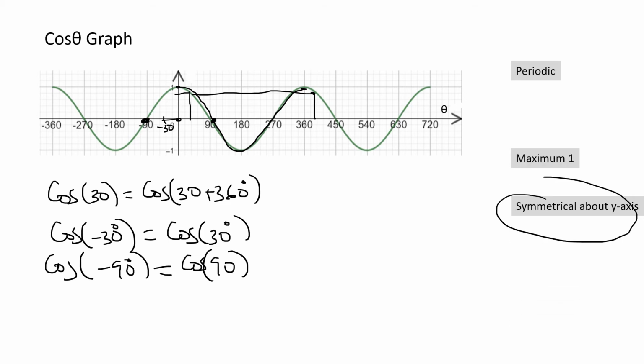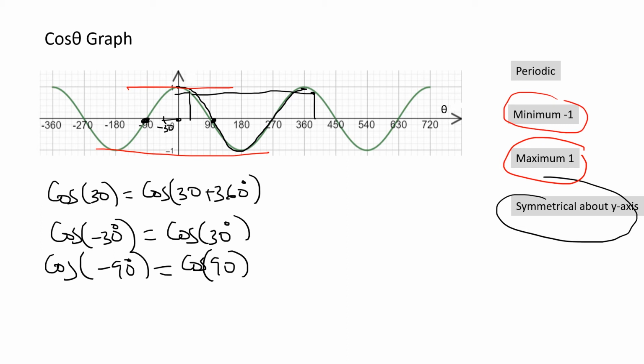Again, similar to sine graph, this cosine graph is bounded between 1 and minus 1. So the maximum of cosine graph is 1. The minimum of cosine graph is minus 1. The cosine values will always stay between 1 and minus 1, regardless of the angle.